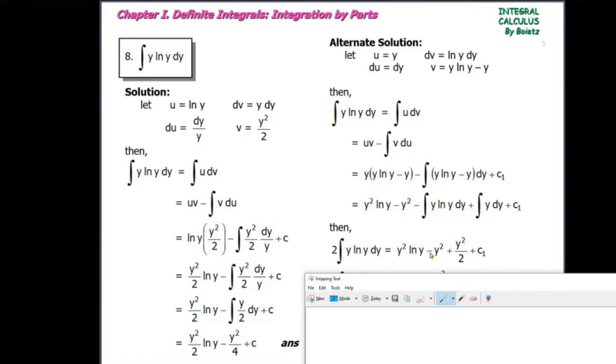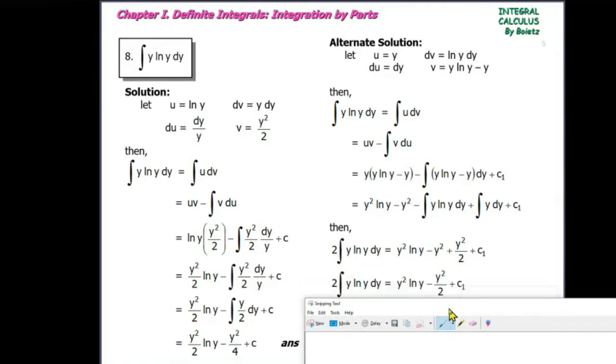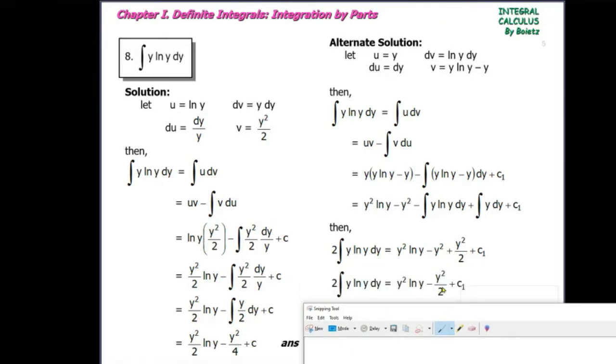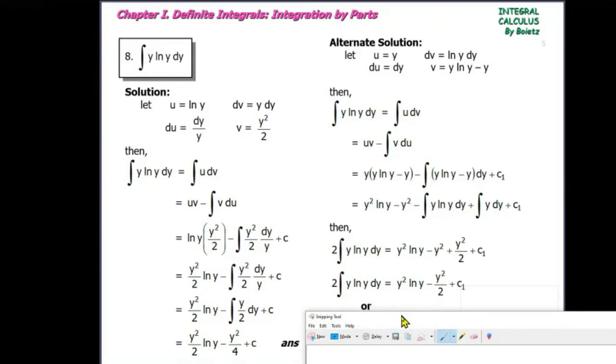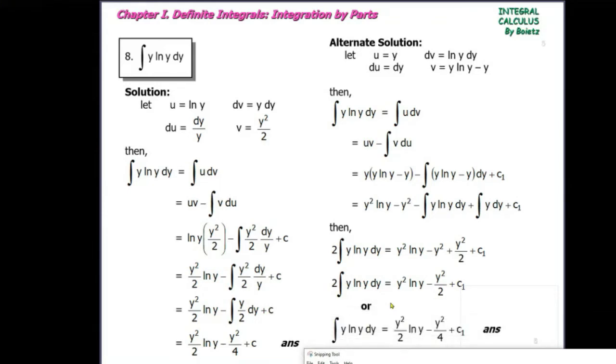So negative y squared plus y squared over 2 is negative y squared over 2. Then divide by 2 to get the integral of y ln y dy. This will become y squared over 2 ln y, then minus y squared over 4 plus C1.